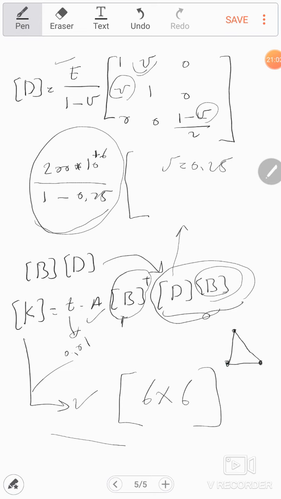With 3 nodes you go on with the same solution, and you will get a K matrix of 6 by 6. But if we have a node in the middle, your K matrix will be 12 times 12.